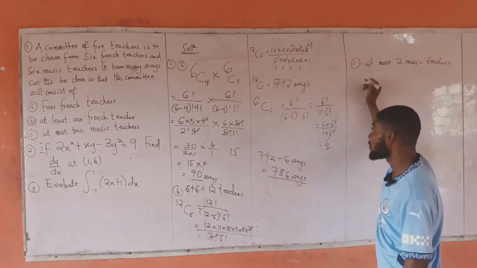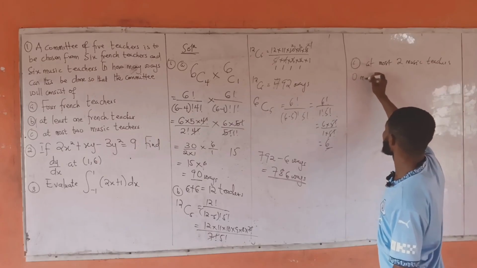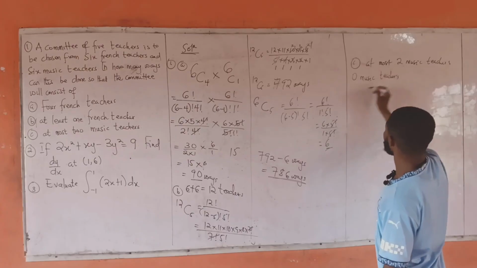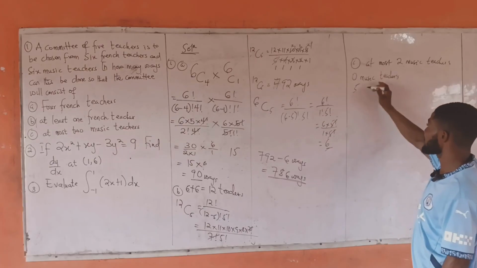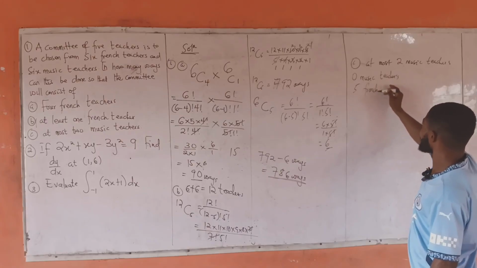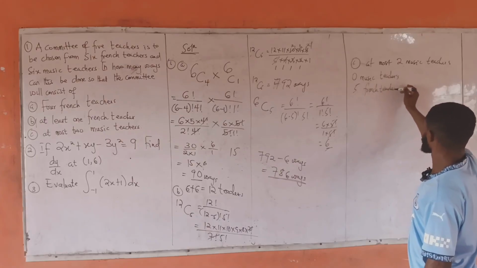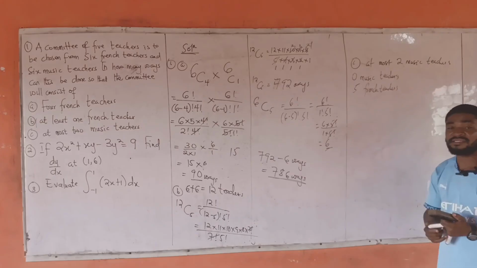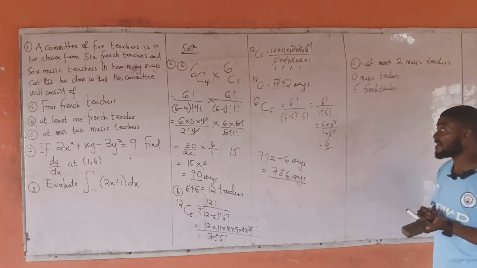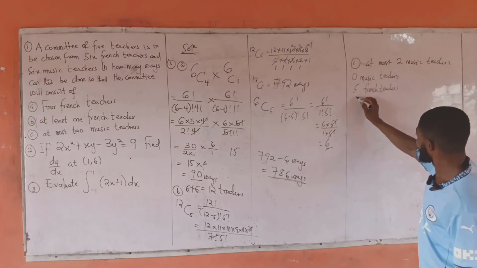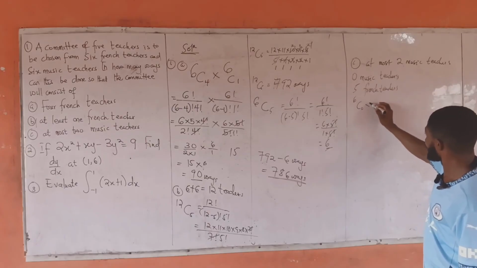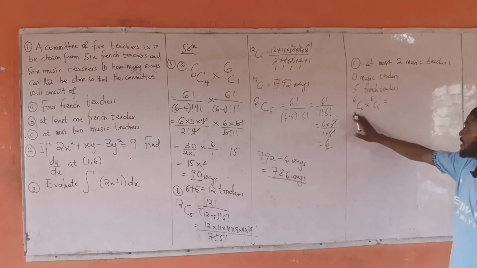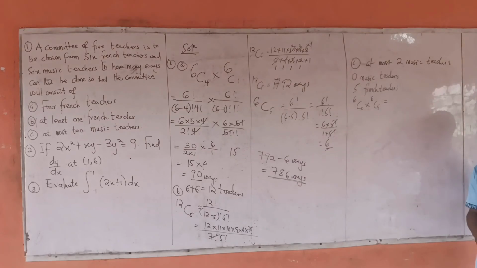Meaning that first of all, if there are 0 music teachers, then there should be 5 of the French teachers. And so that is going to give us this, and then 6 combination 0.